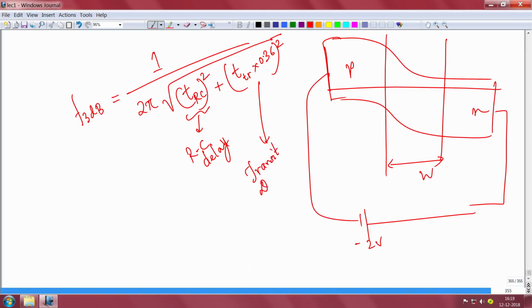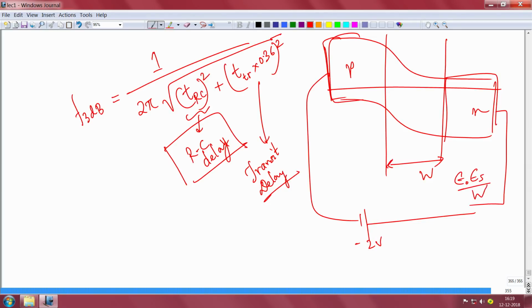The speed at which your detector can operate depends on the RC delay, because a photodetector will have parasitic resistances, series resistance, and some parasitic capacitances. This is a PN junction, so it of course has a capacitance, given by epsilon of the material, epsilon s, divided by W, where W is the depletion layer width. If your depletion layer is large, your capacitance will come down. If your capacitance comes down, your RC delay also comes down, which means your detector should become faster.